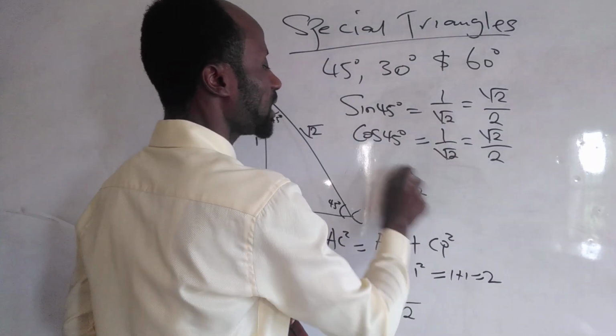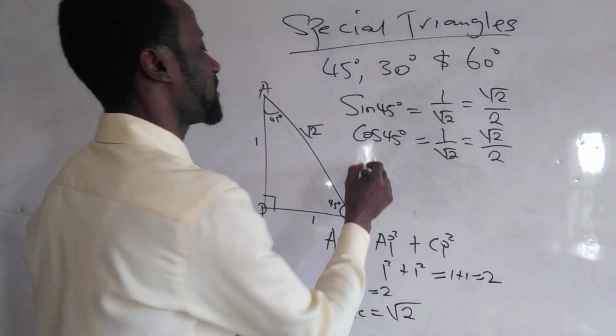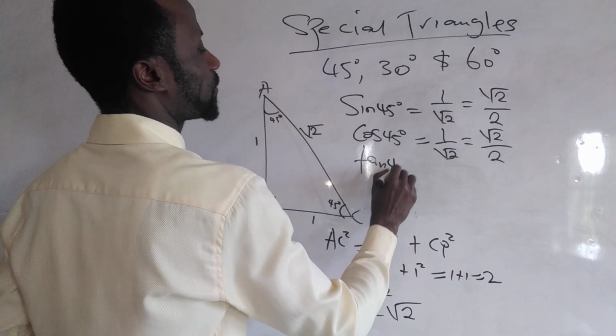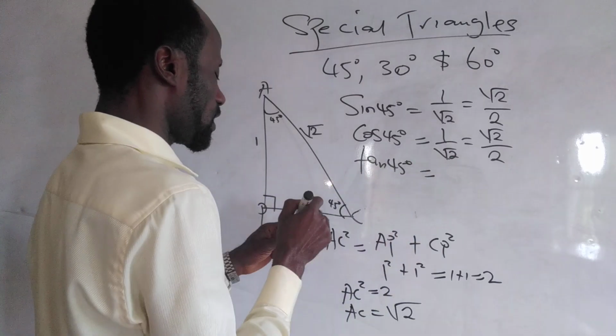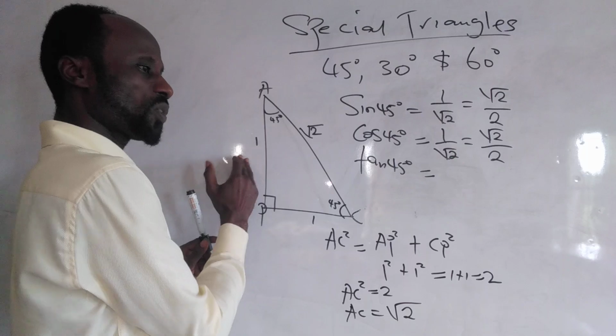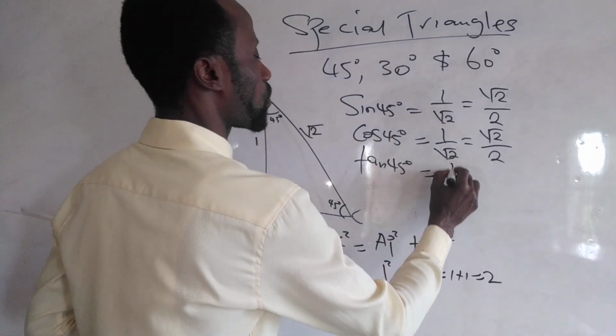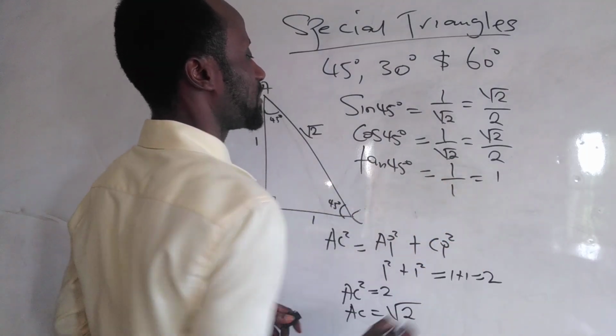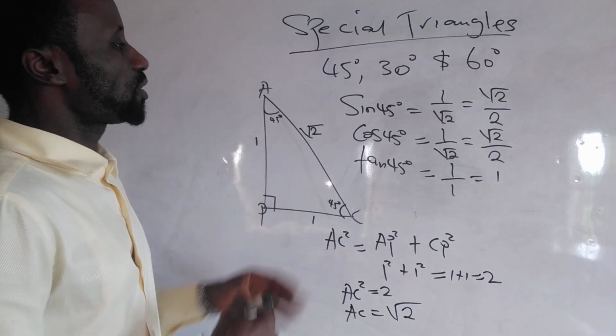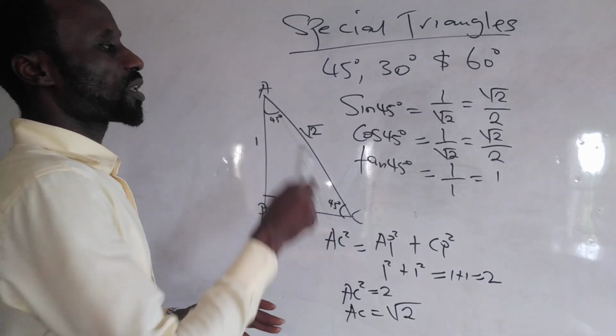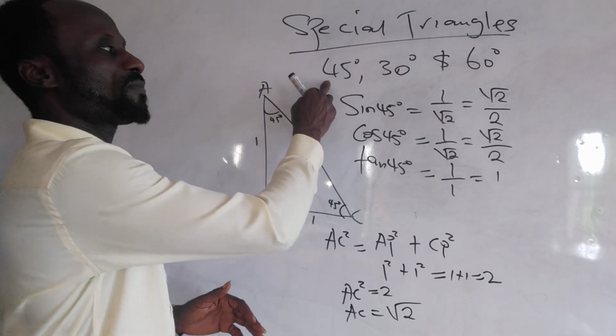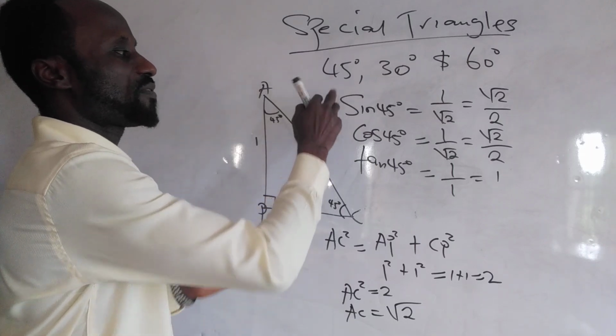Okay, let's go back. So we now want to obtain tan 45 degrees. Tan is always opposite all over adjacent. That means 1 over 1 will be the same thing as 1. So we have been able to obtain the ratios of angle 45 degrees.